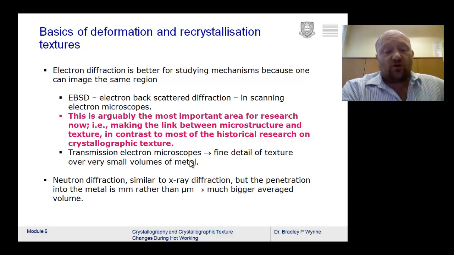We can also use neutron diffraction, similar to X-ray diffraction, but the penetration in the metal is millimetres rather than microns, so it gives much bigger average volumes. The key point to note though is that we can measure texture in many different ways with a high level of confidence. So there should be no reason why measuring texture should be an issue for you.